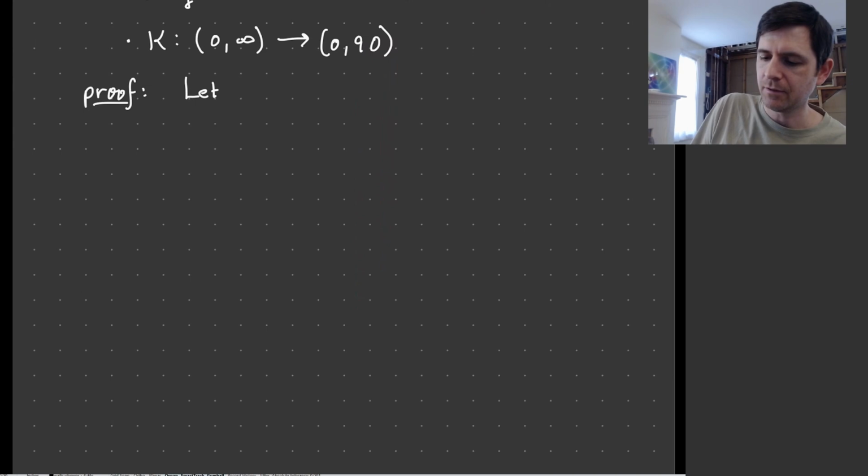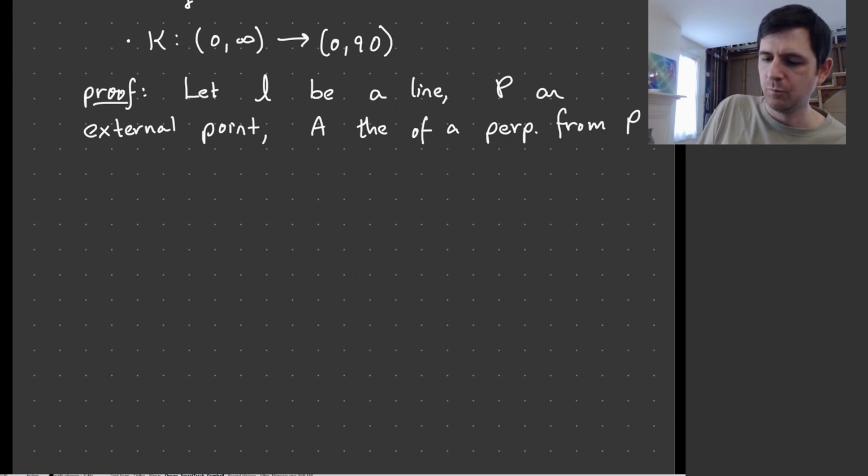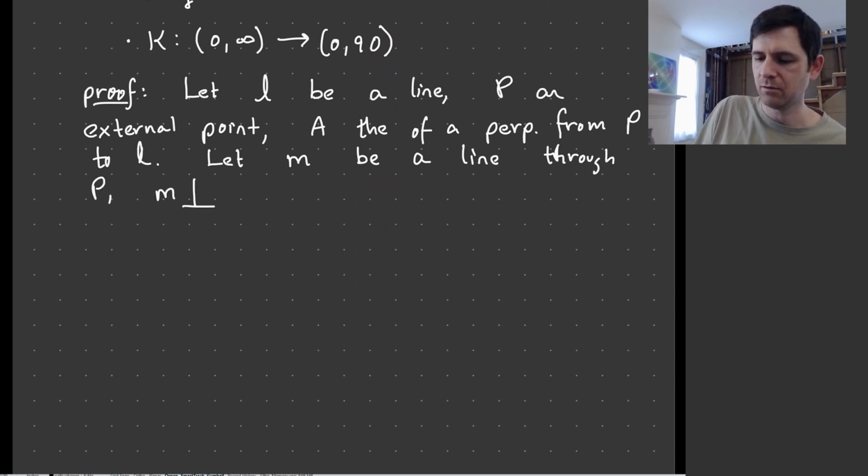Okay, so let L be a line, P an external point, and A the foot of the perpendicular from P to L. And then let M be a line through P with M perpendicular to PA.